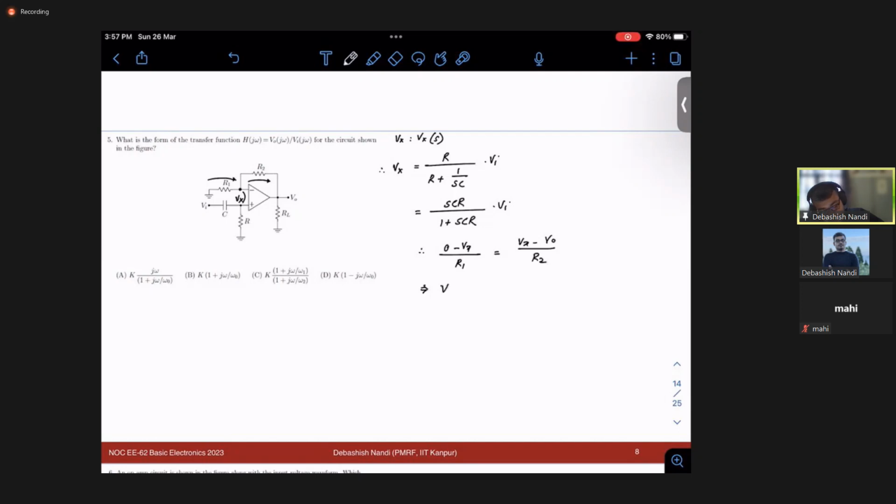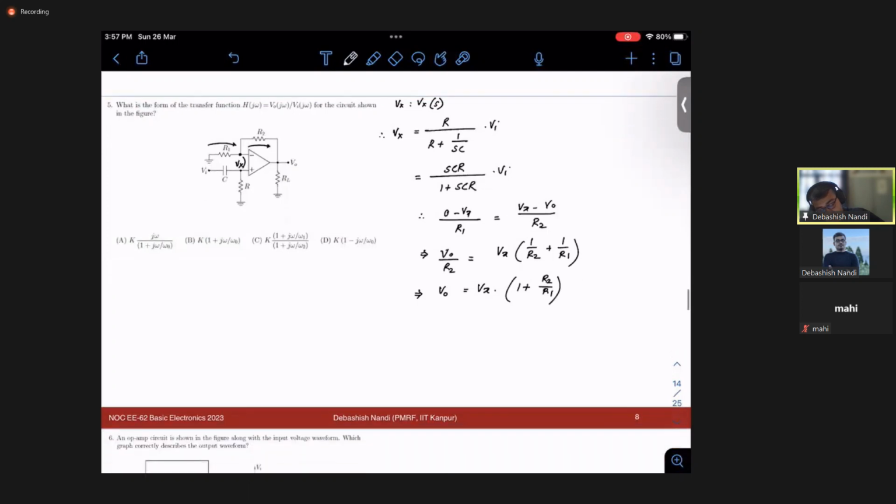So your V0 by R2 will be nothing but Vx over 1 by R2 plus 1 by R1. So your V0 will be Vx into 1 plus R2 over R1. And what is your Vx? Your Vx is nothing but SCR over 1 plus SCR into Vi, into this term, right?